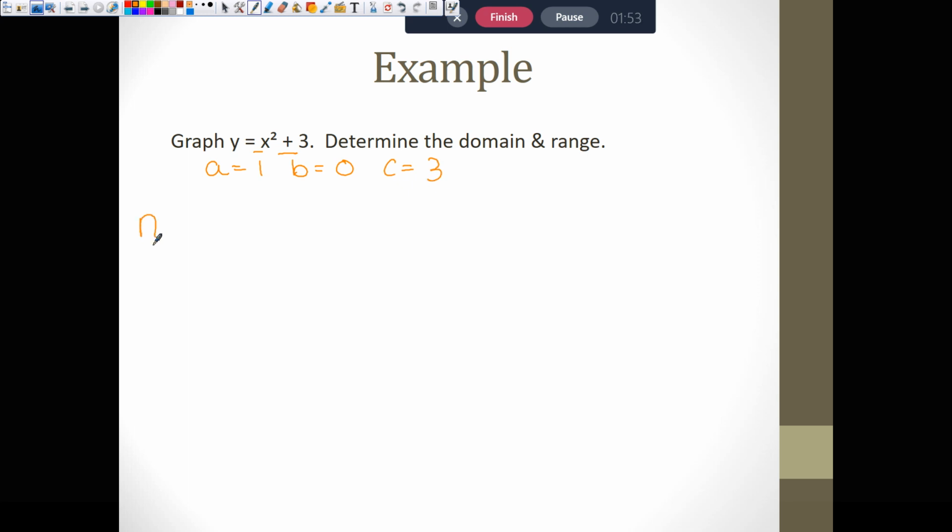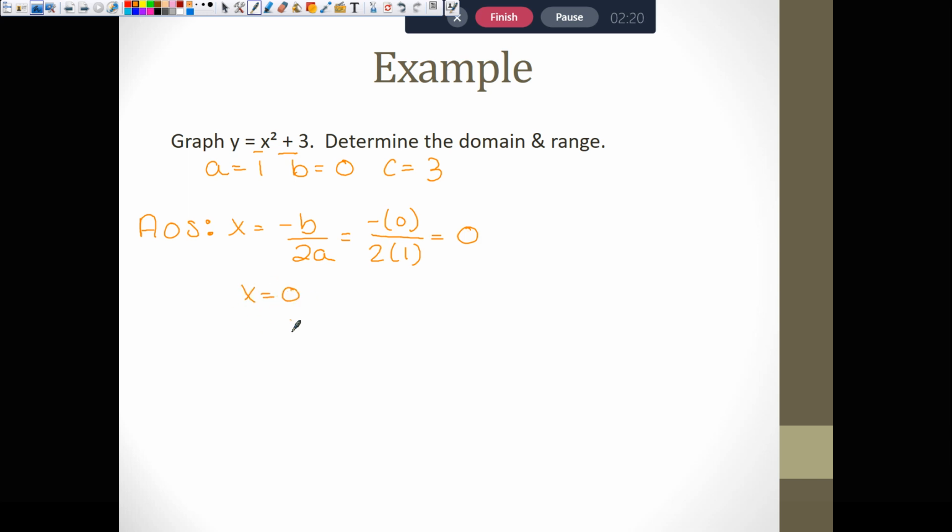Okay, first we want to find our axis of symmetry, and we find that by doing x equals negative b over 2a. So, negative 0 over 2 times 1. So, my x will equal 0. So, x equals 0 is my axis of symmetry.